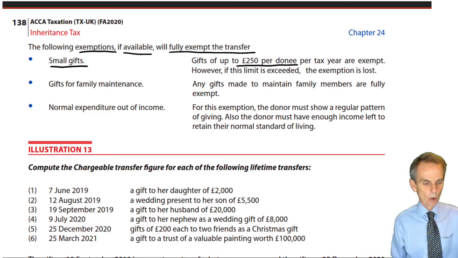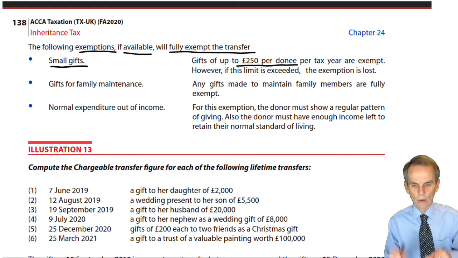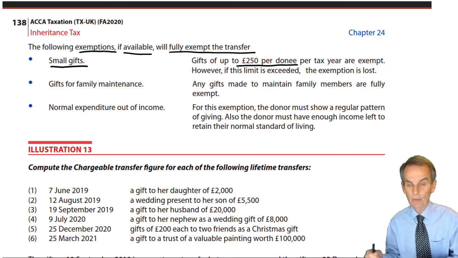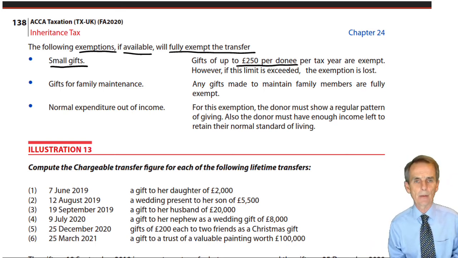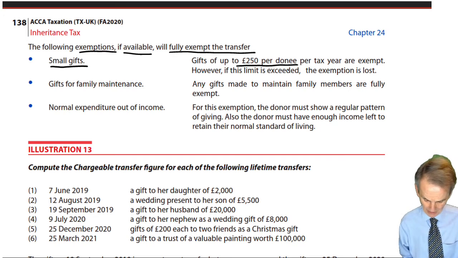If the lifetime gift made to this one individual in total for the tax year is £300, irrespective of the fact that the first lifetime gift to that individual in that tax year was £200, but in the same tax year you made another gift to that same person of £100, the total per donee for that tax year has exceeded £250. So neither of those two gifts will class as being exempt under the small gifts exemption.